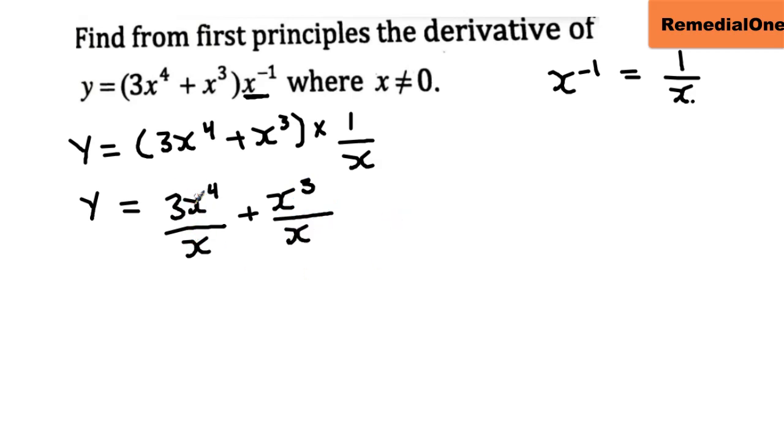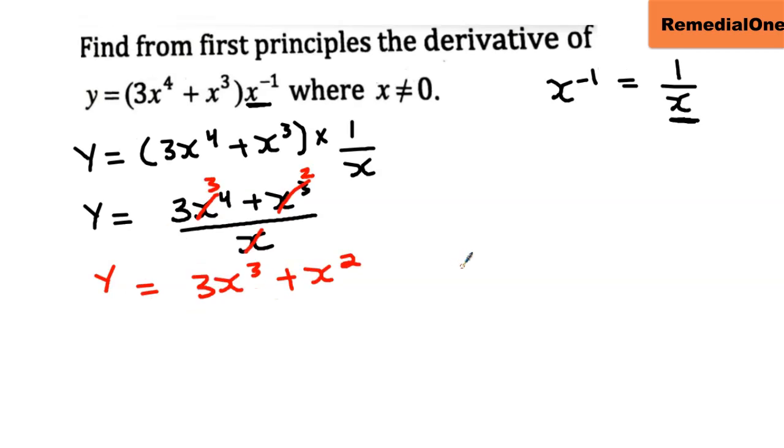We have x common in both, so it can be reduced: this one reduces to 3x cubed, and here x is common, so you take 1 here and that becomes x squared.